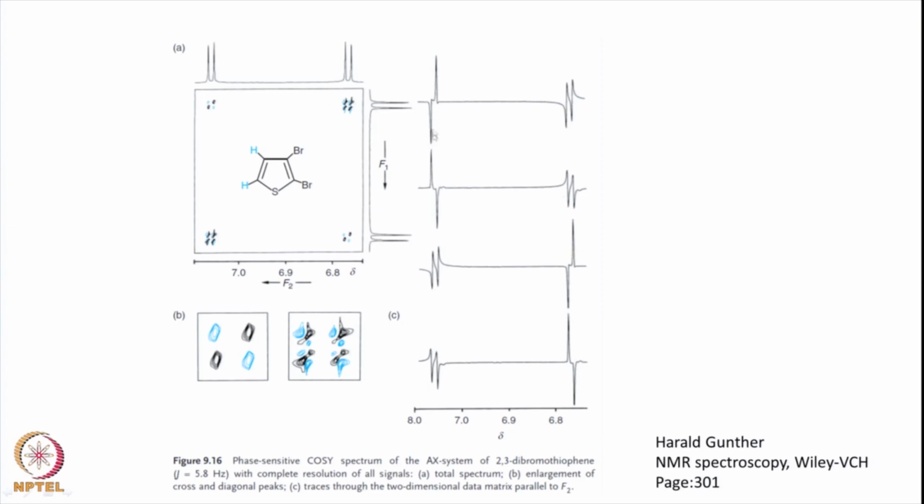So you have 2 components which are antiphase in nature, therefore you have negative and positive, and the 2 peaks which are here, you see these ones are dispersive in nature, they are in phase, they have the same sign. So you see here this goes negative, positive, this is one dispersive component, the other one is again negative, positive, again a dispersive component, these both have the same sign, and therefore they go in this manner. This is the dispersive line shape.